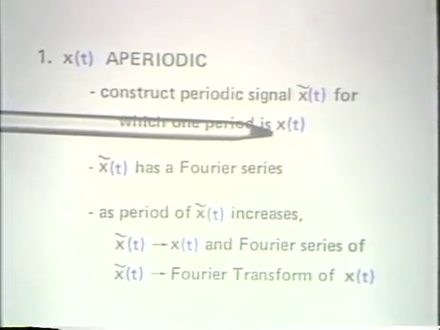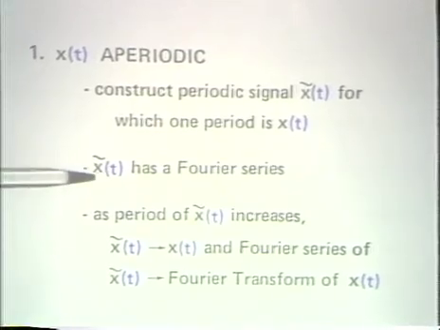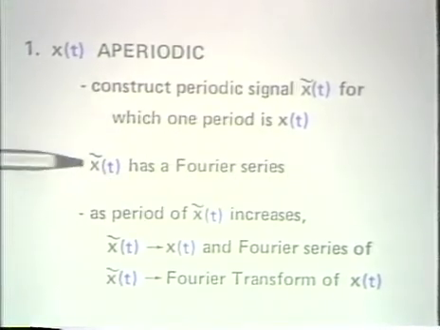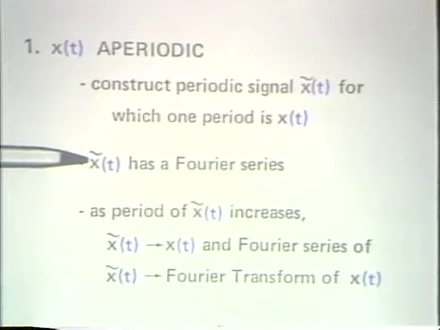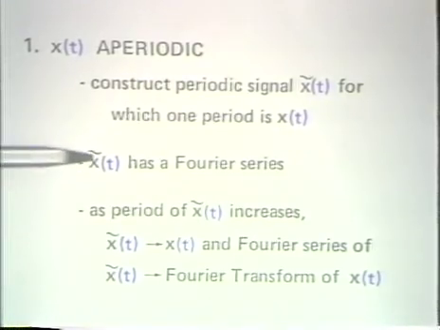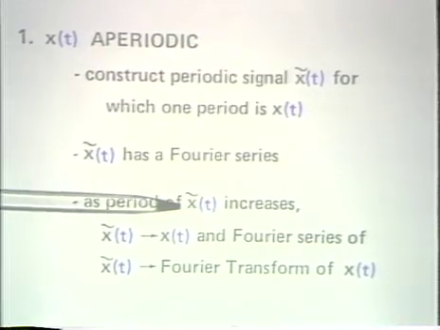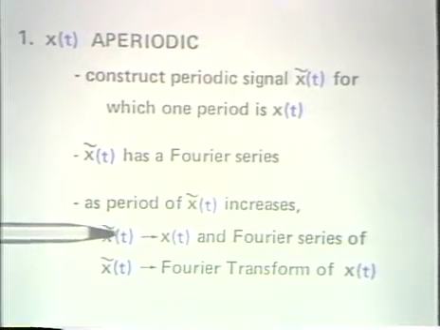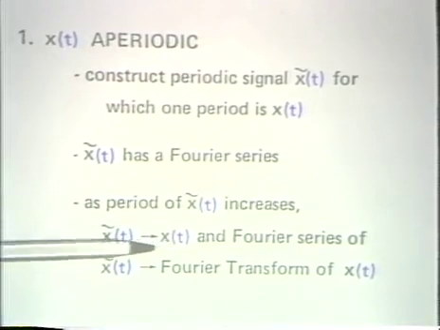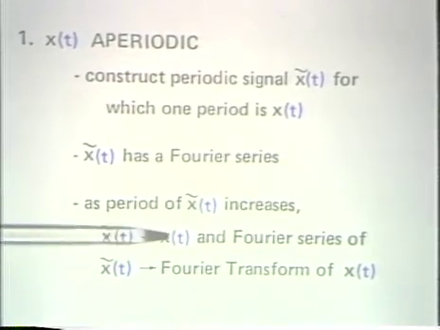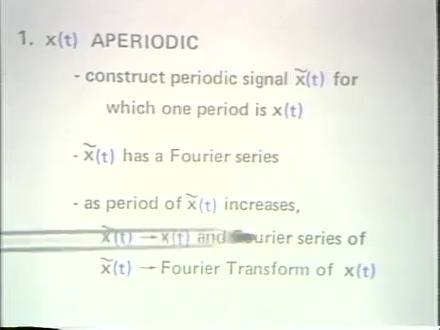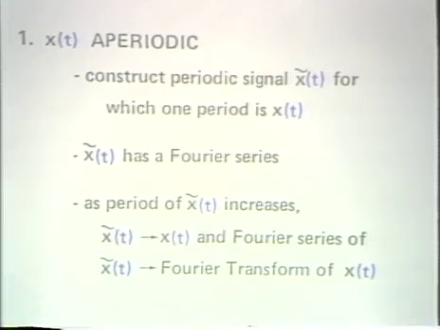Since the periodic signal has a Fourier series, and since as the period increases and goes to infinity the periodic signal represents the aperiodic signal, the Fourier series provides us with a representation.